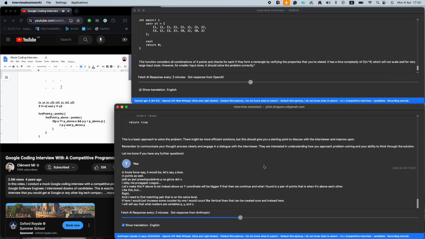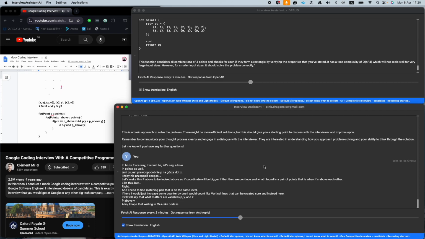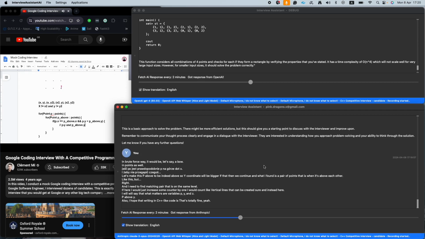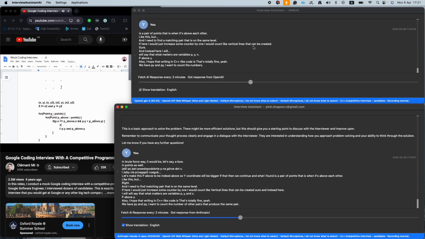Also, I hope that writing in C++ like code is fine. That's totally fine, yeah. We have py and p above y. I want to count the number of other pairs that produce the same pair. My idea is to increase the count for a pair py, p above y, where this is, say, a map or a hash map.